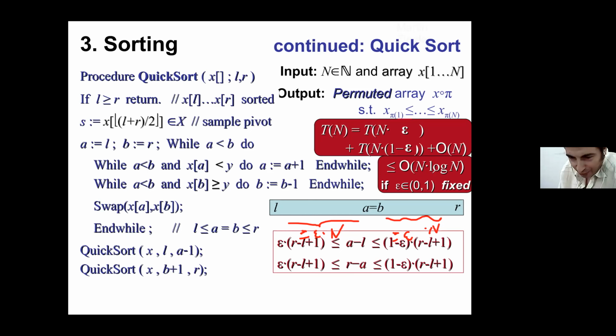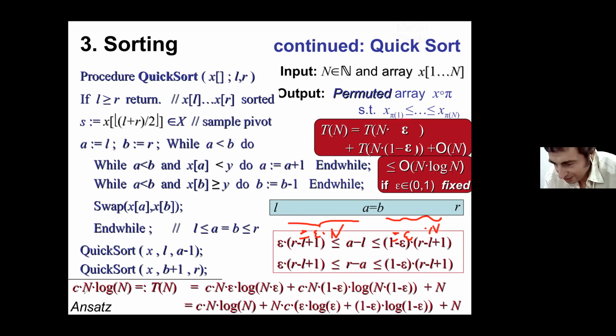And the proof was per ansatz. So you simply write T of n of this form. You say I think that T of n should be of the form constant times n times log of n, and then you try to find the constant. And we found this constant just by manipulation. So let me correct this here again.